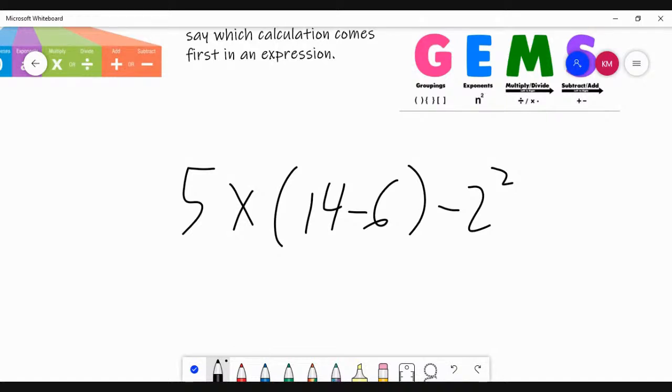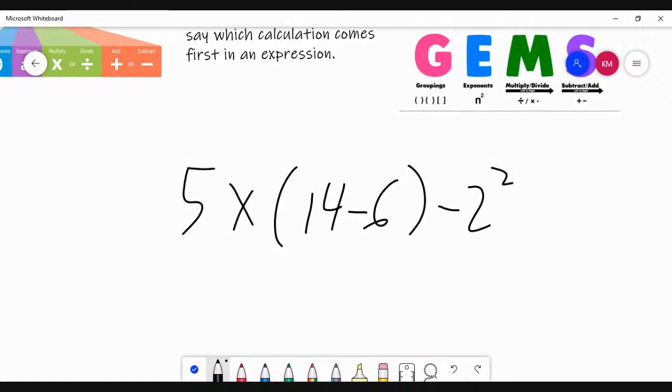Well, based on PEMDAS, we do parentheses first. So what do we do within the parentheses? Well, you do the order of operations of exponents, multiplication or division, adding or subtracting within that parenthesis.